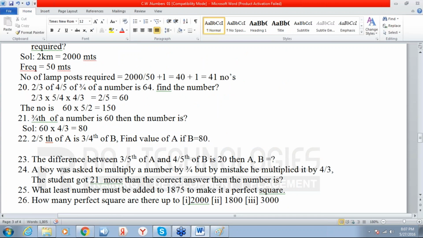2/5 of A is 3/4 of B. Find the value of A if B is equal to 80. The fraction 2/5 can be expressed in percentage as what percent? 2/5 is equal to 40%. And 3/4 is equal to 75%. So here they are expressed percentage wise.